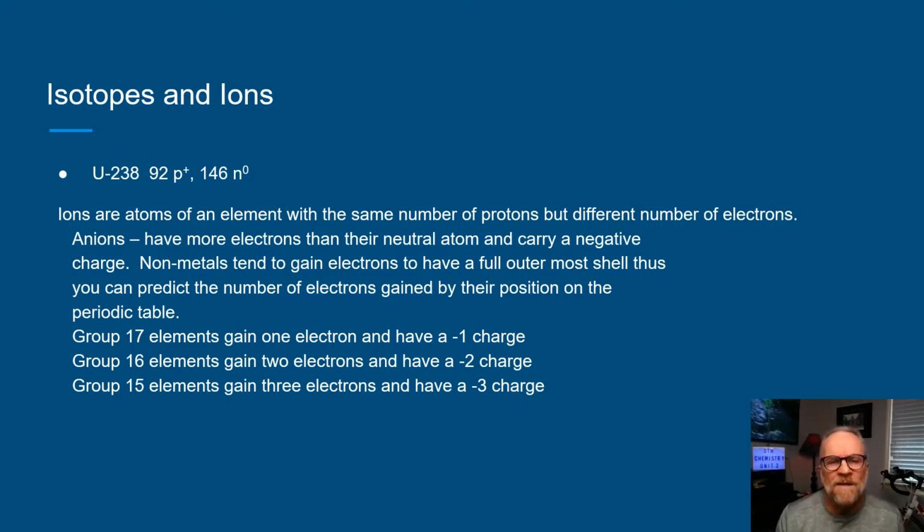So, group 17 elements gain 1 electron and have a negative 1 charge. Group 16 elements gain 2 electrons and have a negative 2 charge. And group 15 elements gain 3 electrons and have a negative 3 charge. With this, you can look at the position on the periodic table and determine what type of ion the element typically forms.